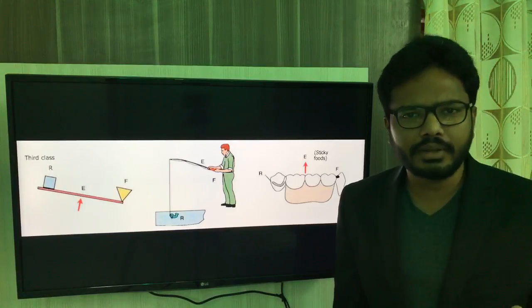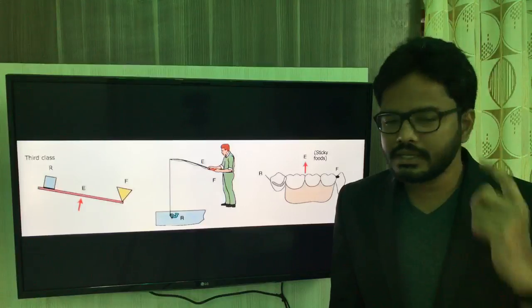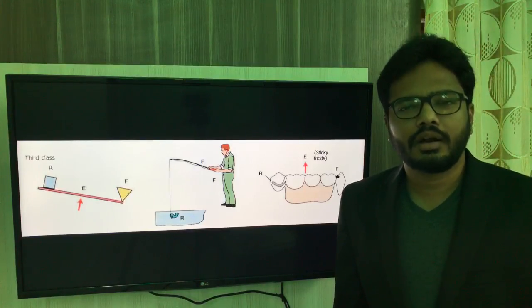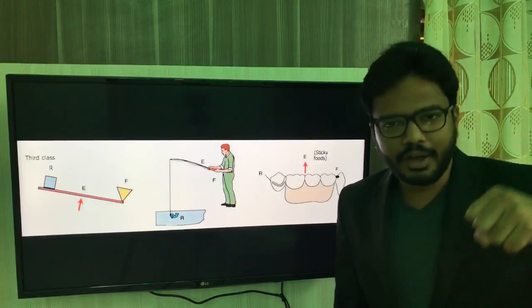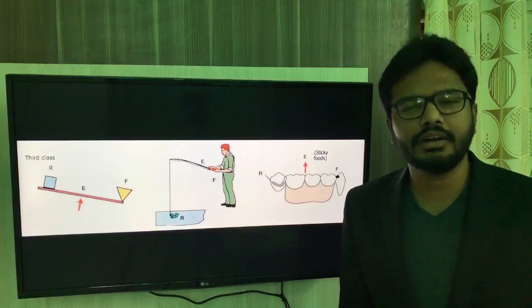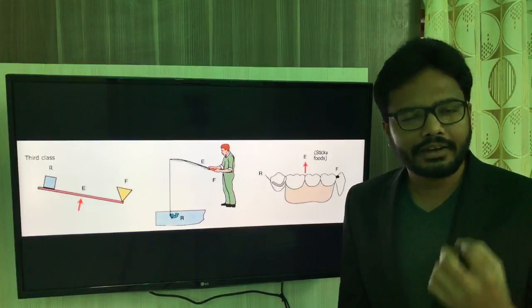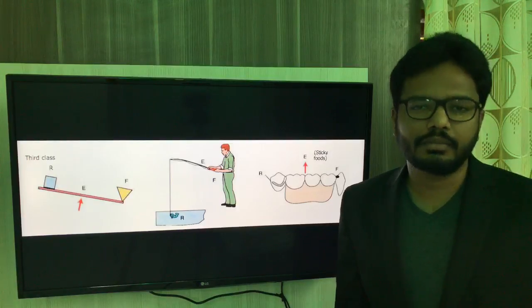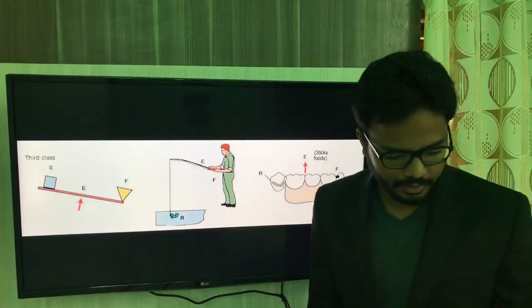Because you have the fulcrum here, fulcrum in the sense of the point where the movement happens, and you have your effort which is being put by your muscles. Your muscles help in mastication, muscles of mastication, so effort, and also we have this load acting on your teeth, right? So which class of lever and fulcrum does it fall under? Do let me know.